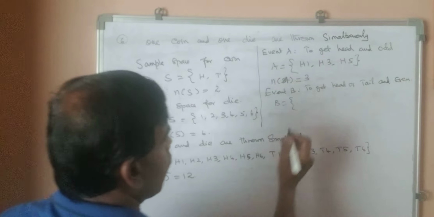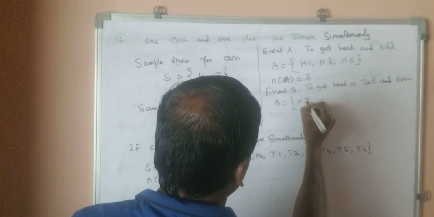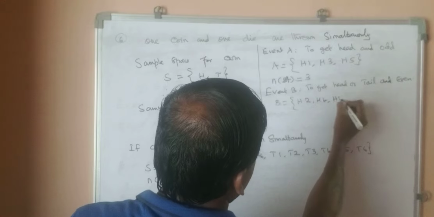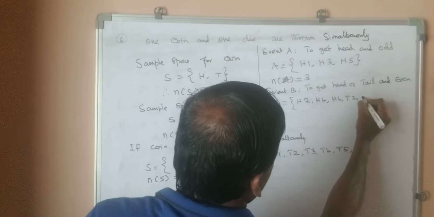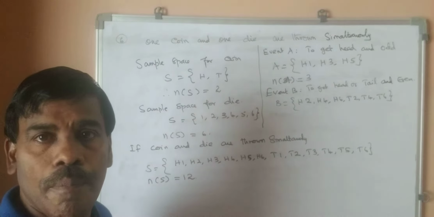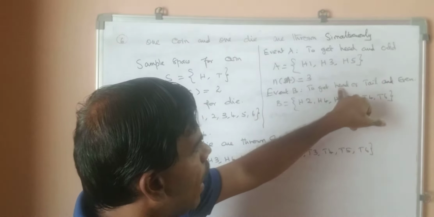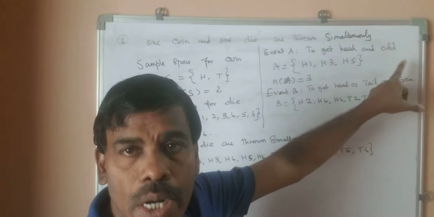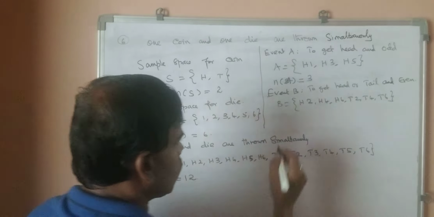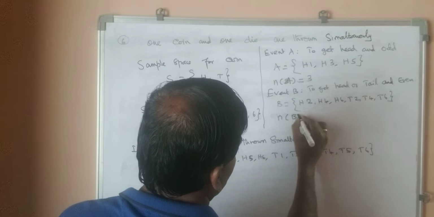You should get even number. So, H2, H4, H6, T2, T4, T6. Right or not? What they want? Head or tail will do, but you should have even number with that. So how many are there? 6 are there sample points.